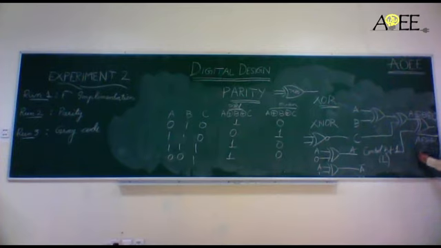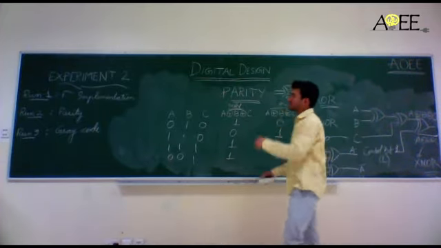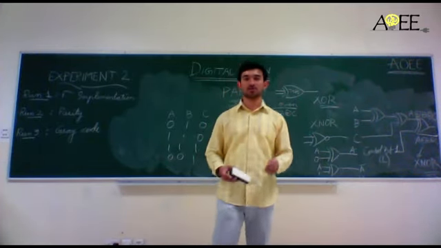This is XNOR. So this is how XNOR can be generated from XOR. This is about parity. Next we discuss gray codes.